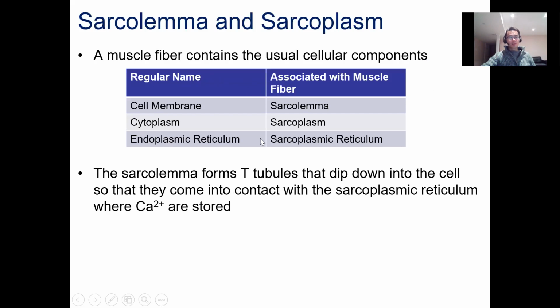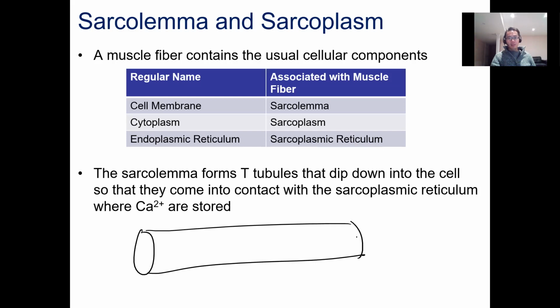This chart just shows you some of the fancy names that we're using. Instead of cell membrane, we call it sarcolemma. Cytoplasm is sarcoplasm. Endoplasmic reticulum is the sarcoplasmic reticulum. So just to reiterate, this is the muscle fiber, the muscle cell.